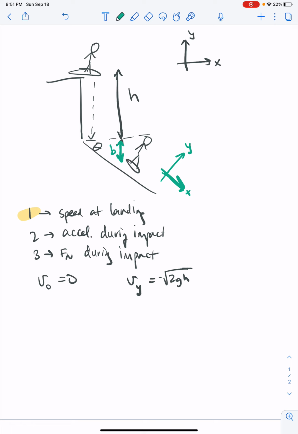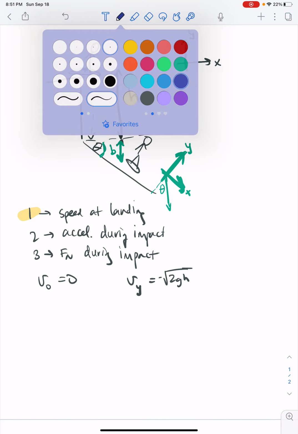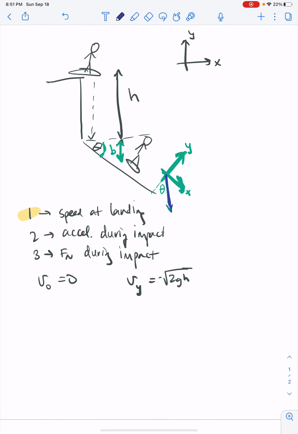I'm now going to use green to say that I'm switching into this rotated coordinate system. In this coordinate system, we can notice that this angle here is theta. That's the same as this angle here. So in this coordinate system, the velocity of dropping, which looks like this, has 2 coordinates, one along the x-axis and one along the y-axis.